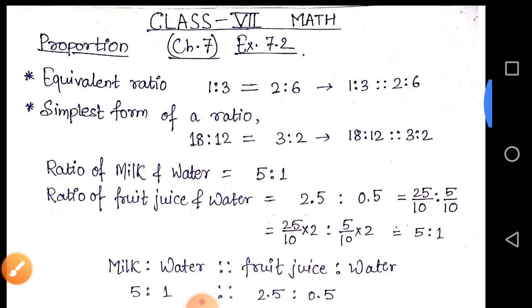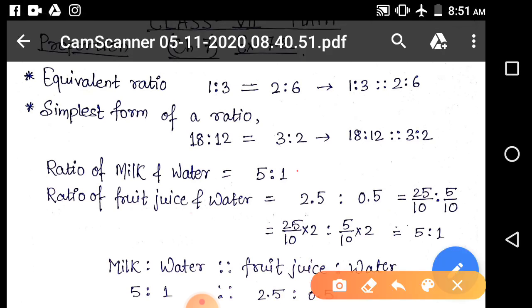See, we have one more example, where the ratio of milk and water is given as 5 is to 1, and the ratio of fruit juice and water is given as 2.5 is to 0.5. Here 2.5 can be written as 25 by 10, and 0.5 can be written as 5 by 10, as you all know about decimals.